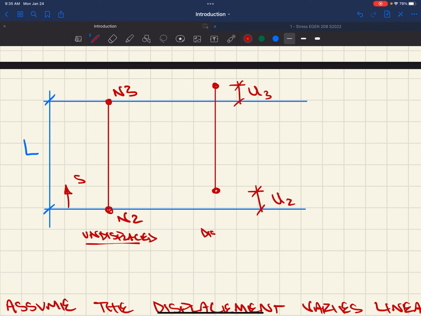And this would be displaced. We're going to look at our column, or this element, in its displaced form where we allow some degrees of freedom of our element. In this case, we're interested in axial displacement. So we're going to look at the displacement of each of these nodes in the one direction. So node 2 can move up, node 3 can move up. And those displacements we're going to call U2 and U3.